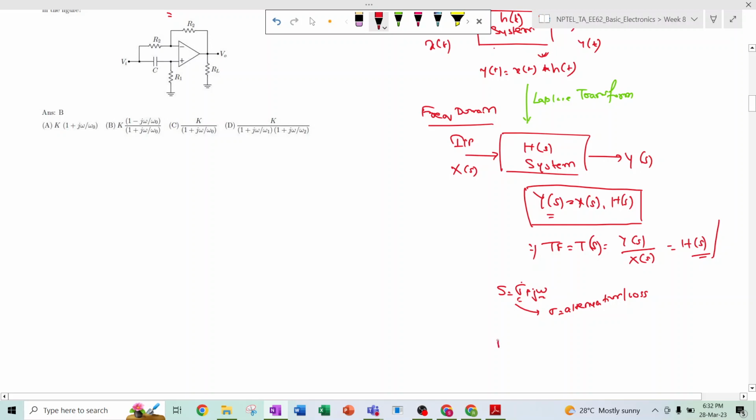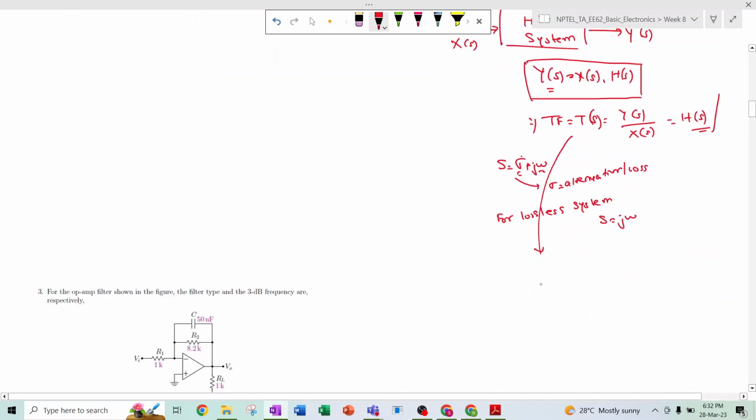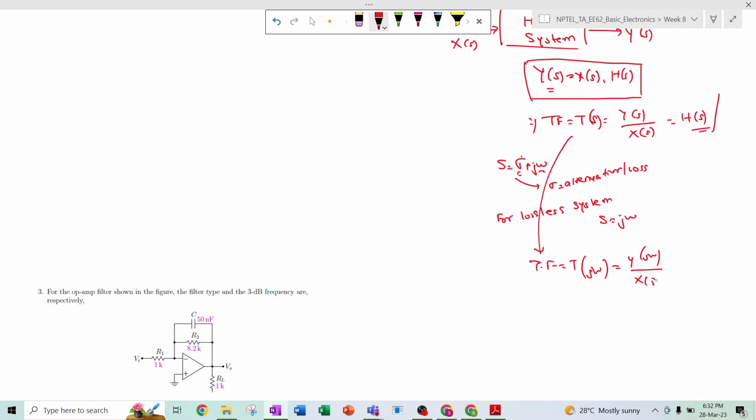For a lossless system, where attenuation is 0, s is replaced by jω. So the transfer function T(jω) is nothing but Y(jω) divided by X(jω), which is H(jω).